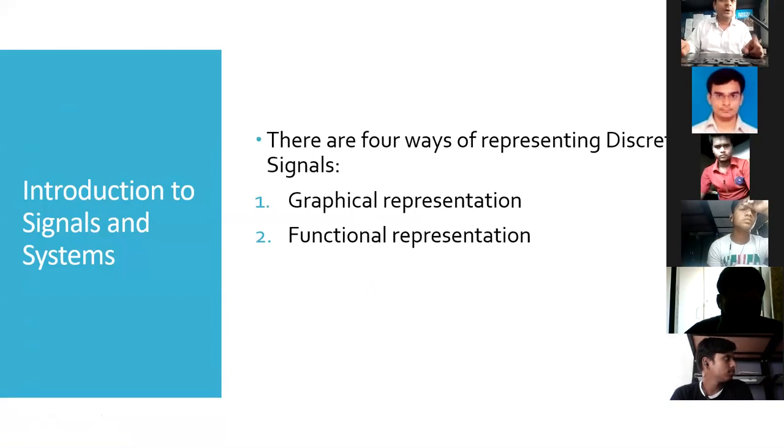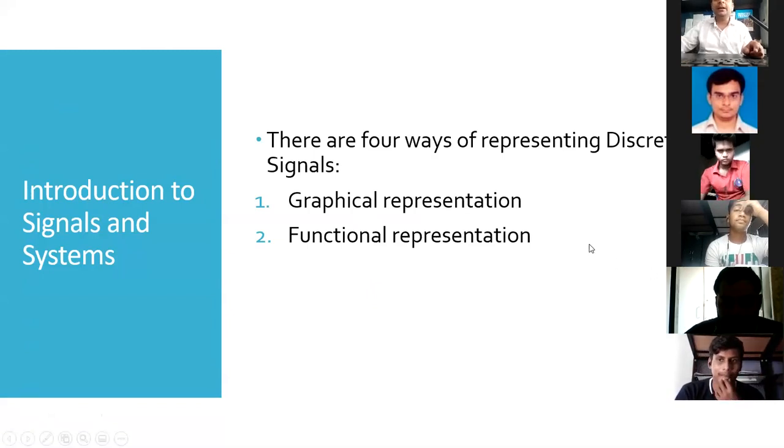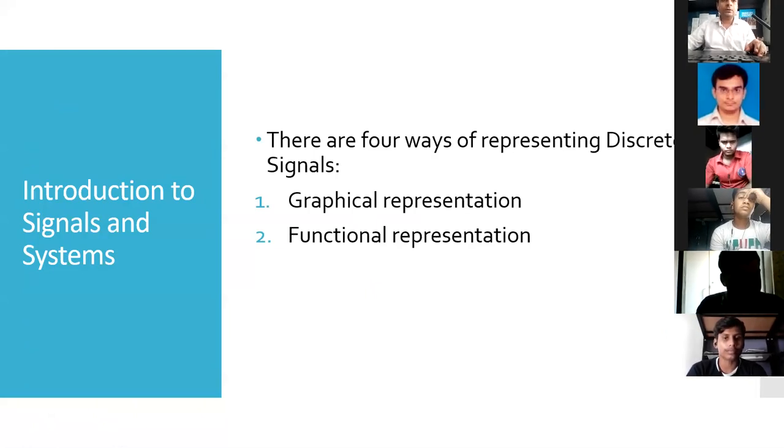There is a functional representation which also we will always follow, because functional representation means it will be a mathematical equation. And most of the signals, as we know, those which are deterministic signals, we represent using a mathematical function. Fine.